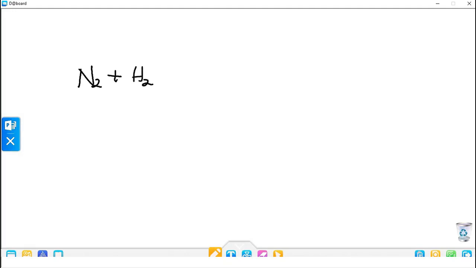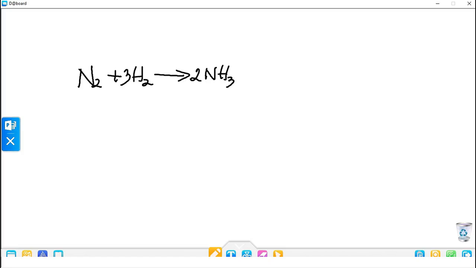In every reaction, the species are meant to be balanced, that is, all reactants are meant to be balanced with the products. To balance that reaction, we put 3 in front of hydrogen and 2 in front of ammonia. This gives us a balanced equation.